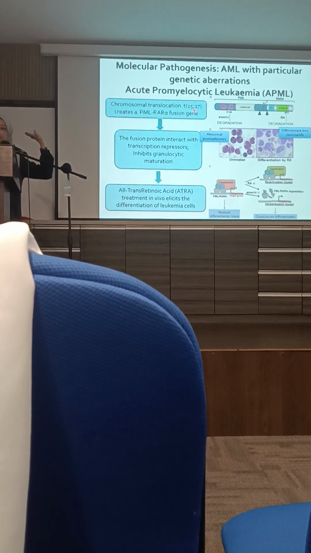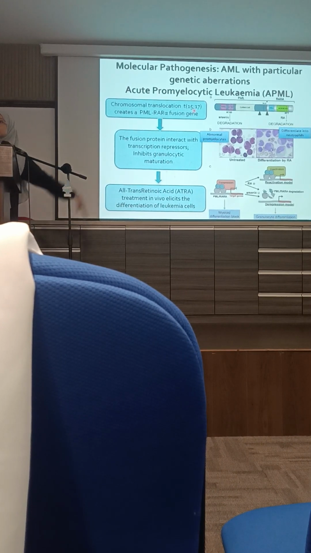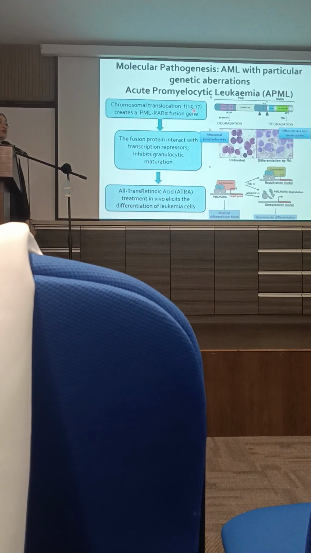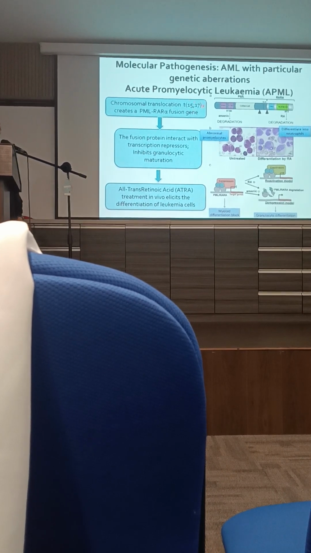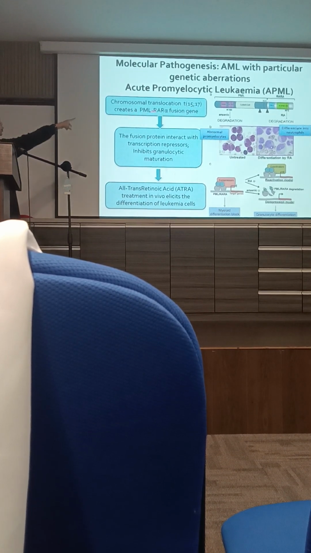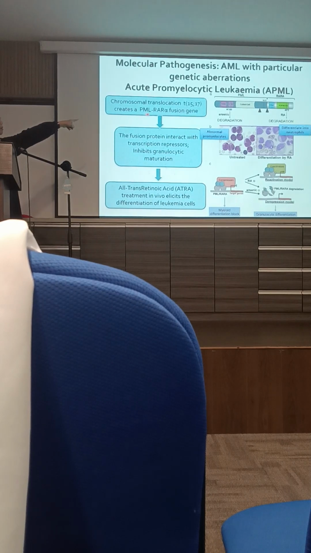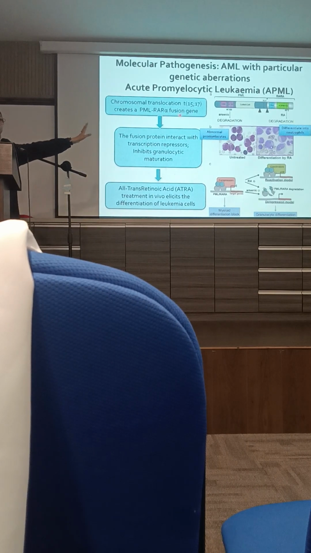You would not be that smart to skip this during your revision, whether for your professional exam or your coming semester exam. Right, so this creates a PML-RARA fusion gene. Chromosome translocation 15-17. The gene is PML, RARA. Do not mix up the two.